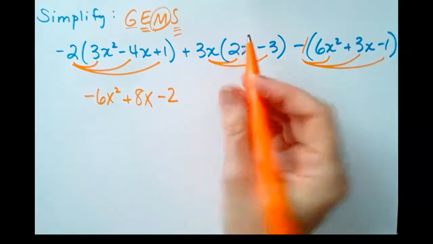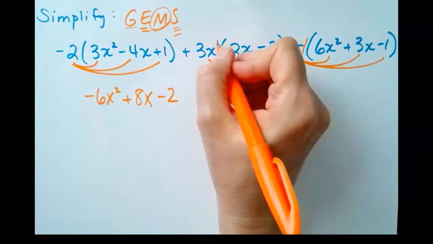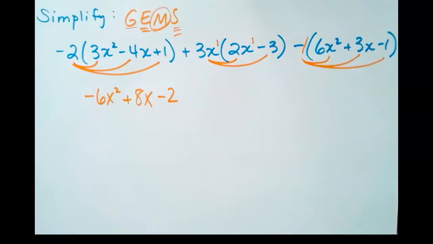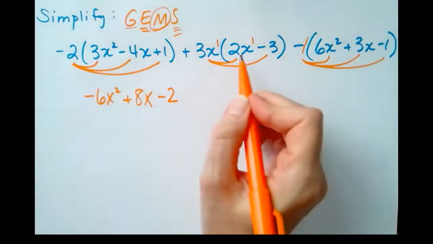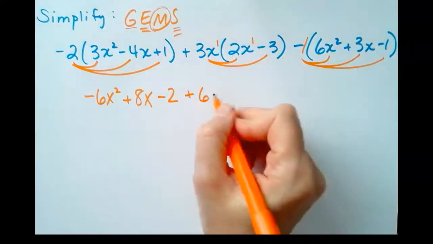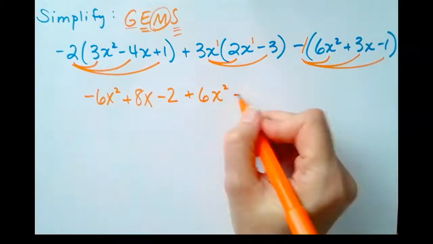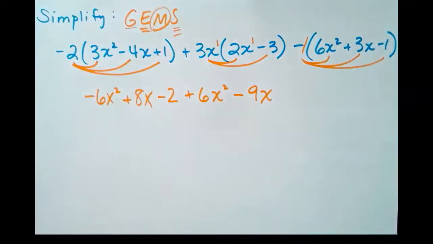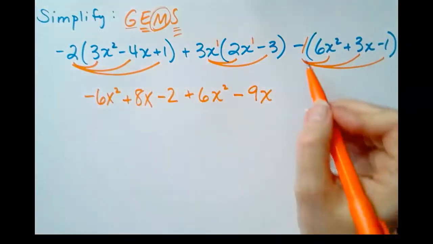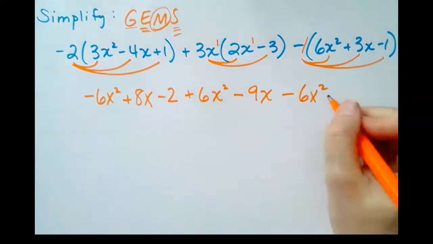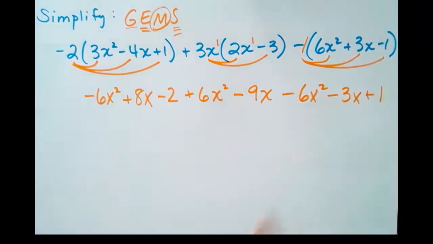Pay close attention. This is 3x to the first times 2x to the first. The exponent is going to change here because we're multiplying two terms that have the same base. 3x times 2x is 6x squared. 3x times negative 3 is negative 9x. Last set of parentheses, take the negative 1 through. Negative 6x squared minus 3x plus 1.